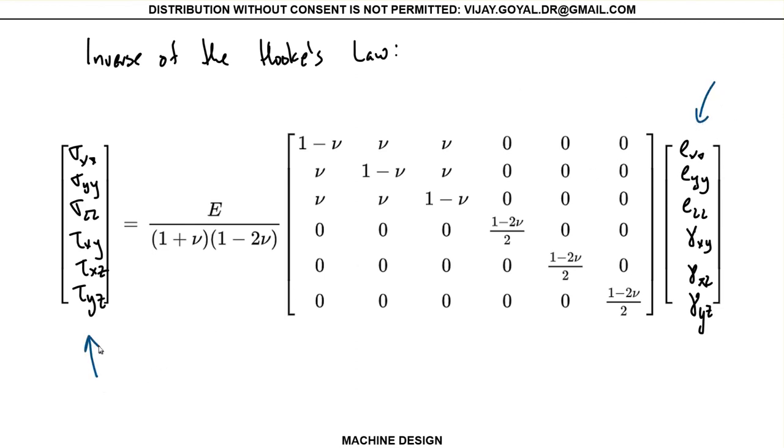Now, there are a couple of variations of this that we need to take into account, because if it's a case of plane stress, it's not that simple. You will have to set this equal to 0, eliminate that row, and replace it in the first two equations.